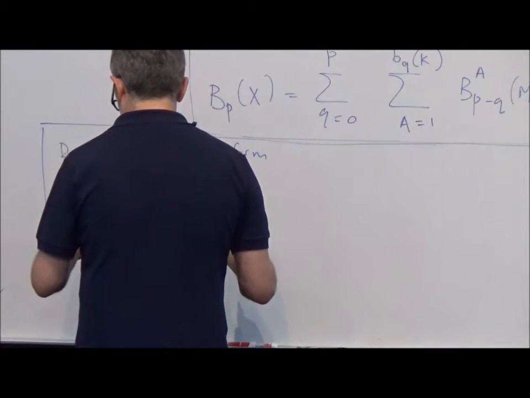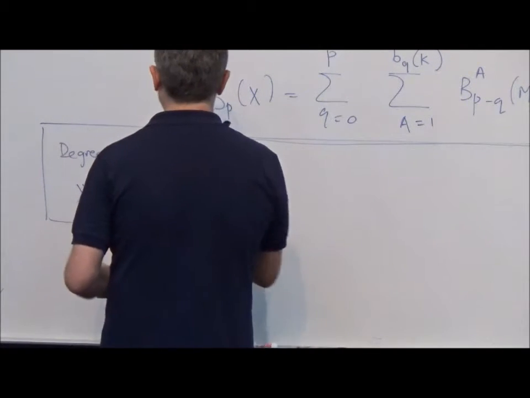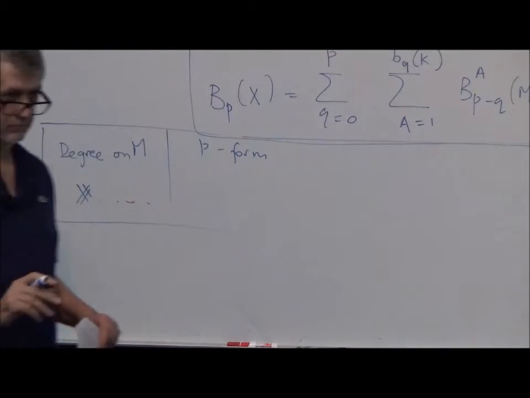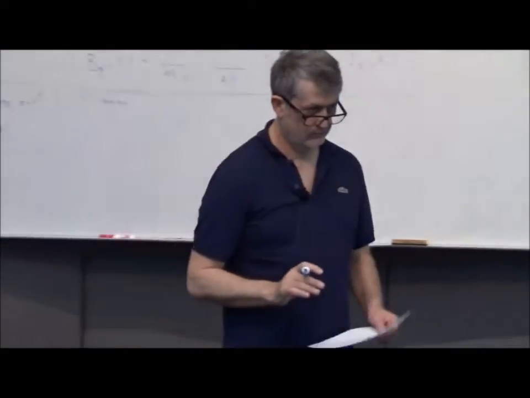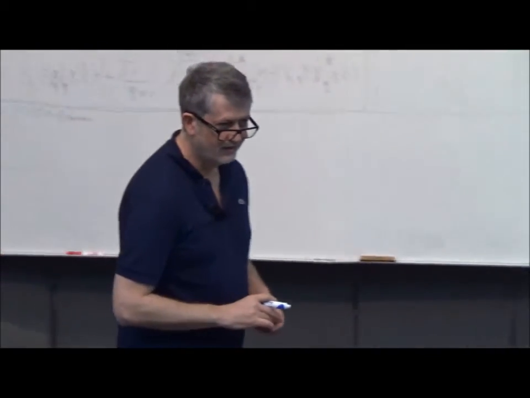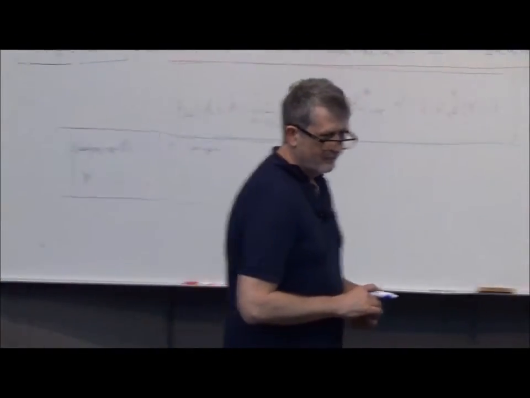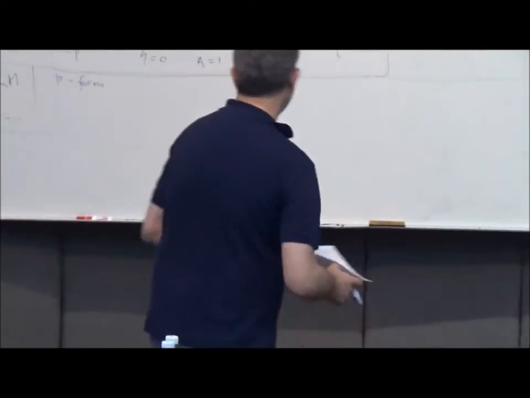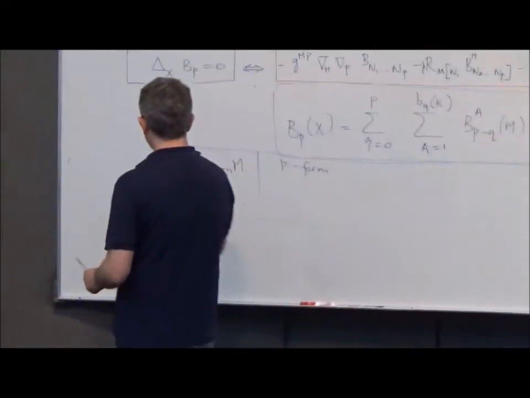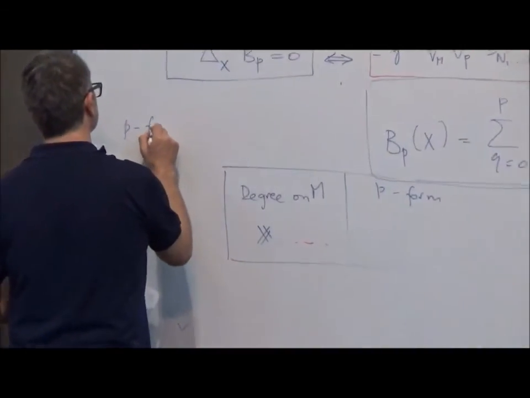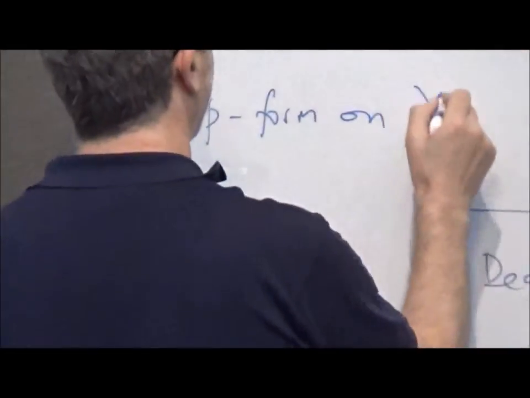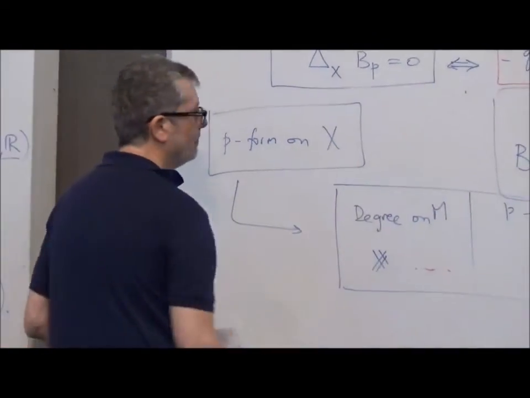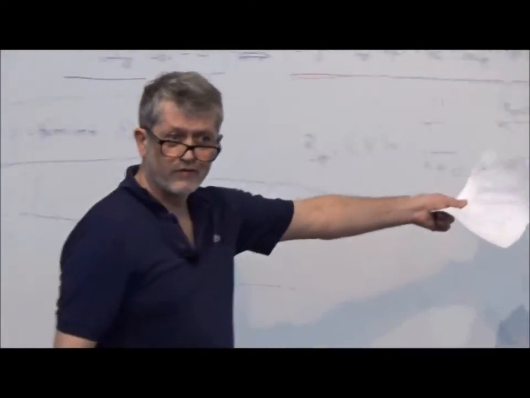How does the fact that the Betti numbers, the P and the N minus P relate? I haven't used it yet. Yeah, no, but yes. So we take a P form on X. And the question is, what do you get on M? And this formula tells you everything.